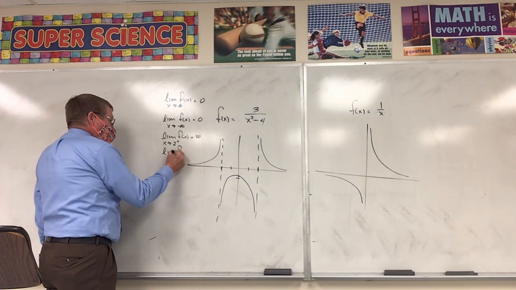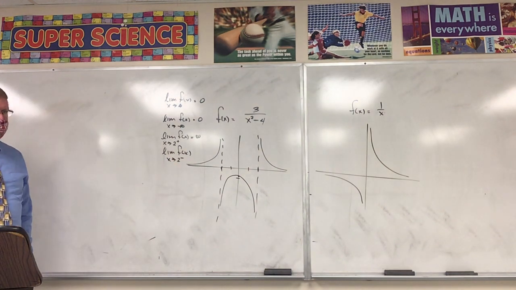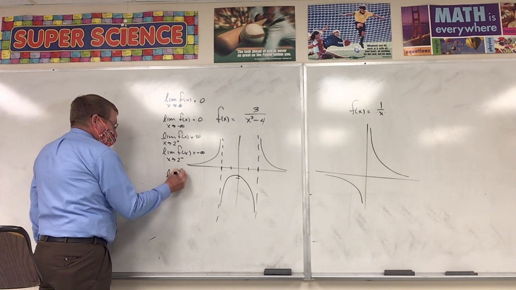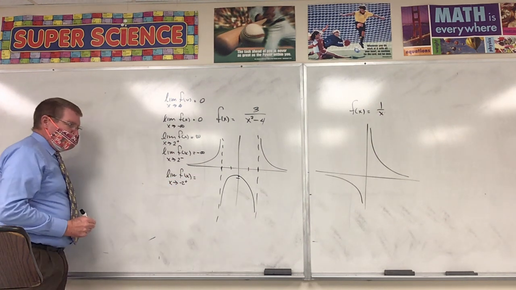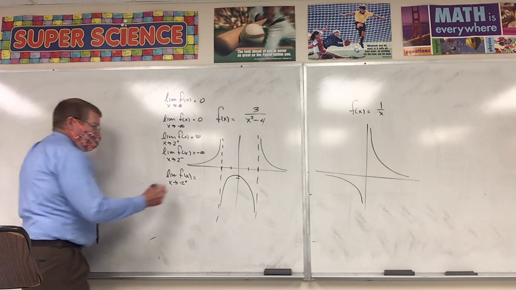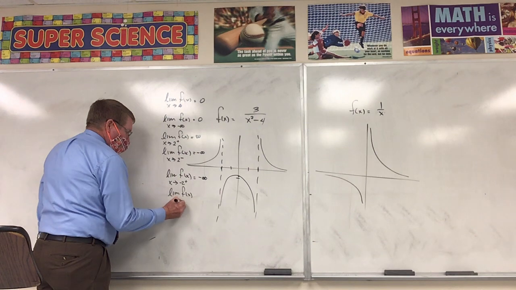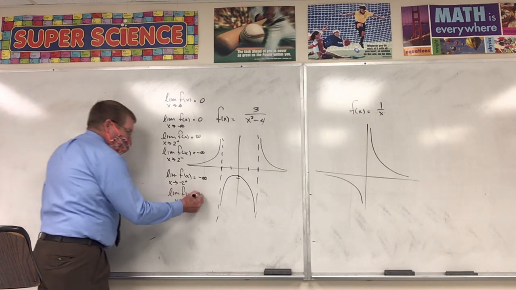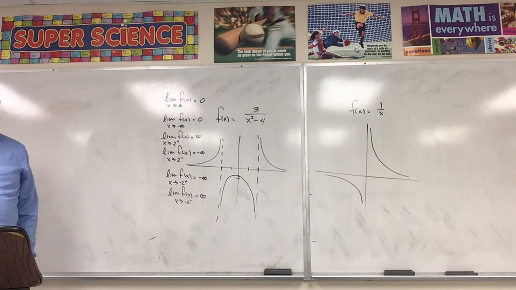The limit as x approaches 2 from the negative side, negative infinity. The limit as x approaches negative 2 from the positive side, negative infinity. And the limit as x approaches negative 2 from the negative side, infinity. So you notice what happens at every one of my asymptotes. It's the opposite. The limit switches around.